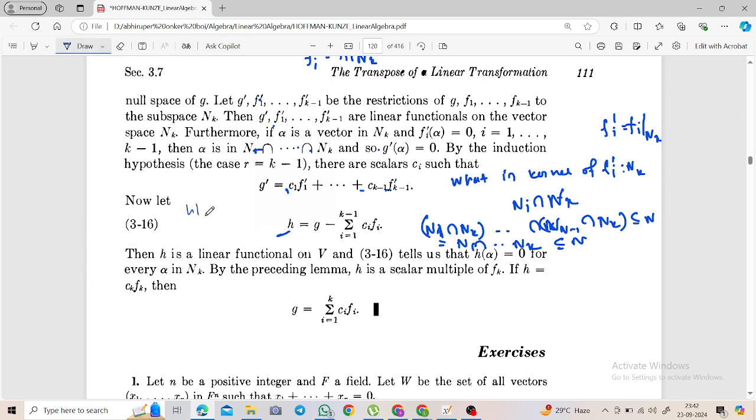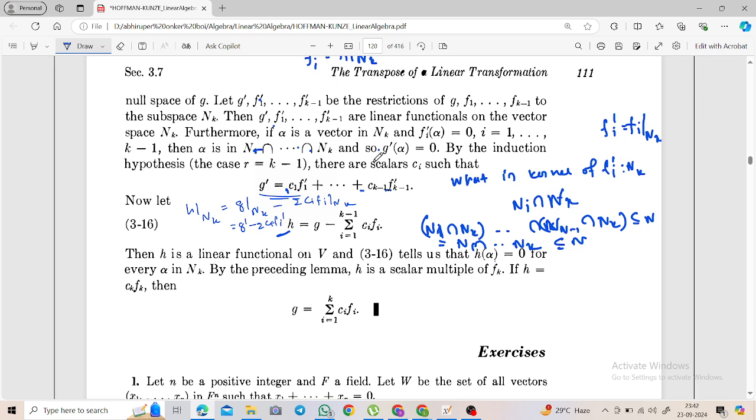What is h restricted to Nk? That is g restricted to Nk minus summation ci fi restricted to Nk. What is that? G prime minus summation ci fi prime. This is 0 from here, right? And also h alpha is 0. Why is h alpha 0? They are saying that 3.16 tells us that h alpha is 0. Why is h alpha 0, by the way?